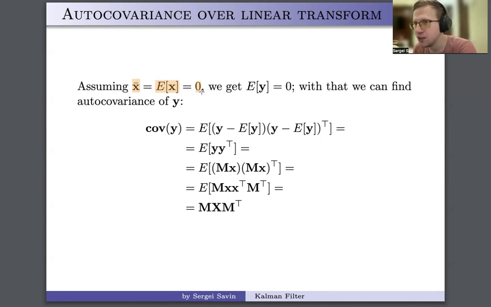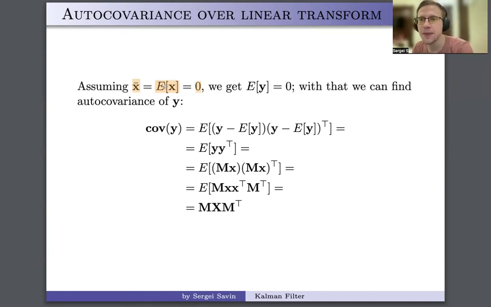And as we will see later, it is a very typical assumption that we make in Kalman filtering. So this assumption saves us a lot of trouble. But it is not like the mathematics is impossible to do without this assumption. So if you don't like it, you can do everything without it. It's just going to be bigger.